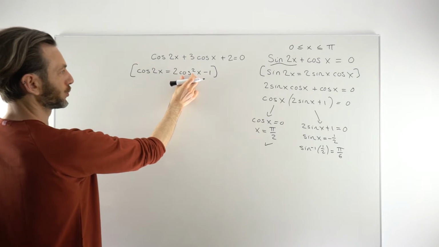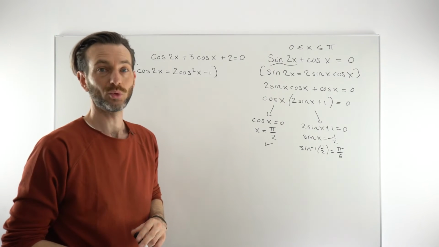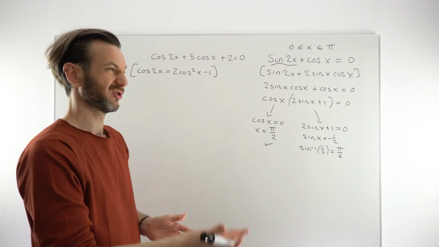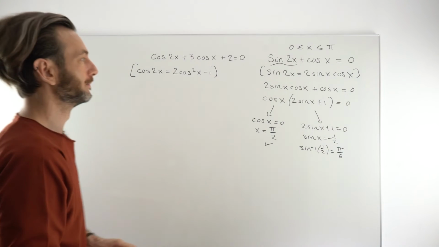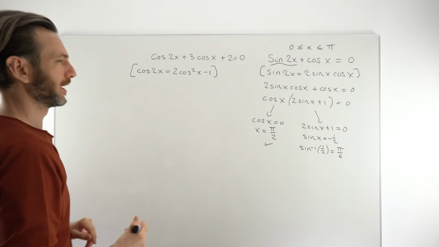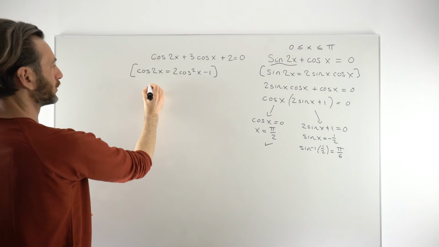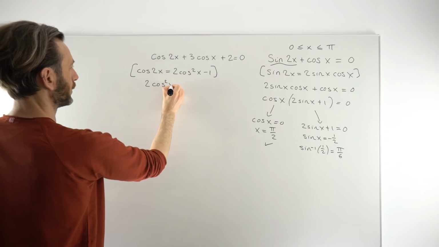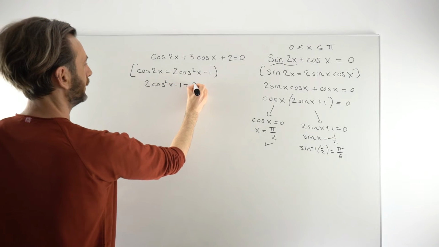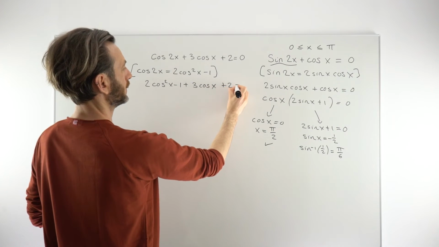So notice the introduction there of a squared term, which means that we're going to be turning this into a quadratic equation. So a quadratic trig equation. It's pretty ugly, right? But just kind of like a normal quadratic equation, sort of. So plugging this into here, we're going to replace our cos 2x with 2 cos squared x minus 1, leaving the rest the same. So plus 3 cos x plus 2 equals 0.